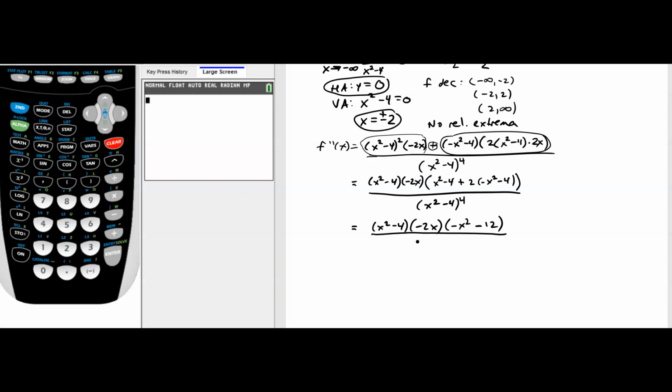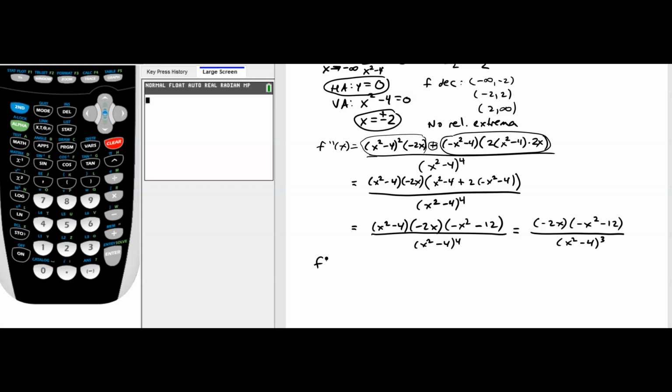And this is all over x squared minus 4 to the 4th. So I like simplifying this as, let's see, I've got an x squared minus 4 up top. I can cancel it with 1 on the bottom. So I like simplifying this as negative 2x times negative x squared minus 12 all over x squared minus 4 cubed.